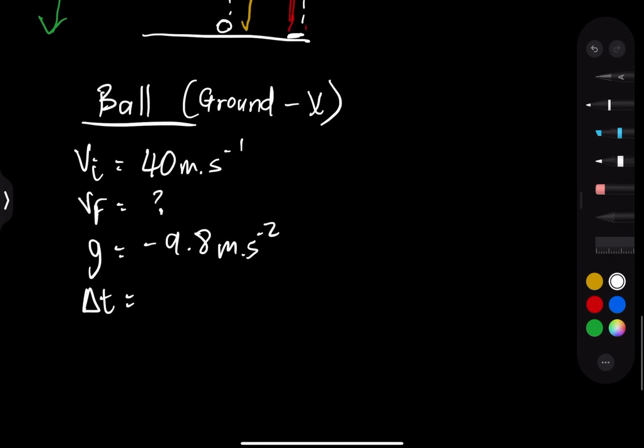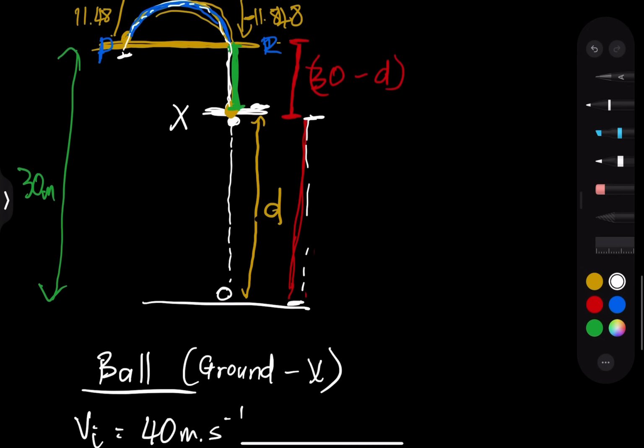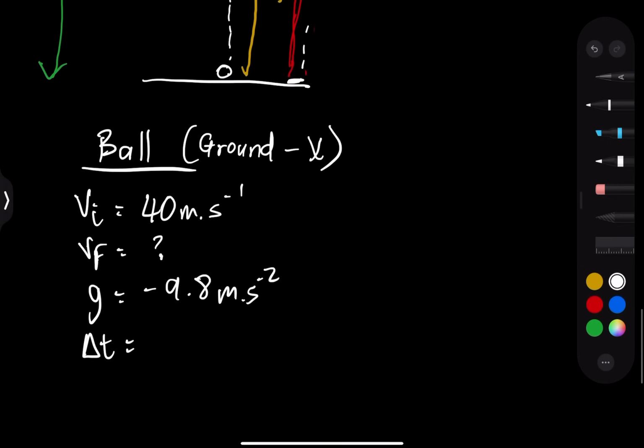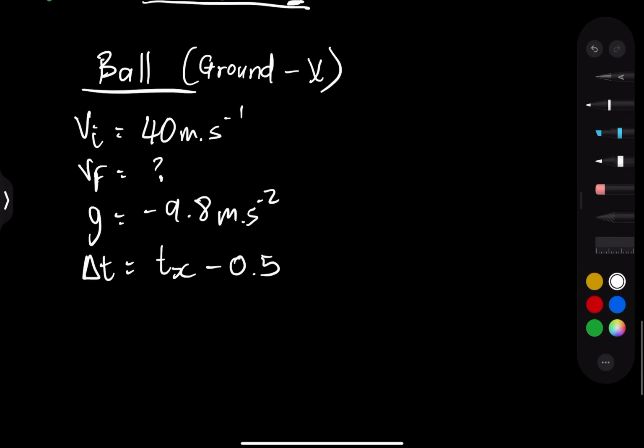So if I take the time for the disk from the point of throw up until point X to be Tx, you can also call it Td, then the time for the ball would be Tx minus 0.5. I hope that makes sense.